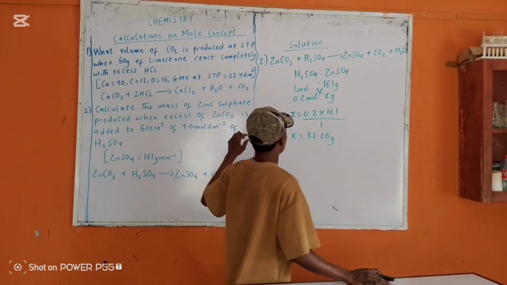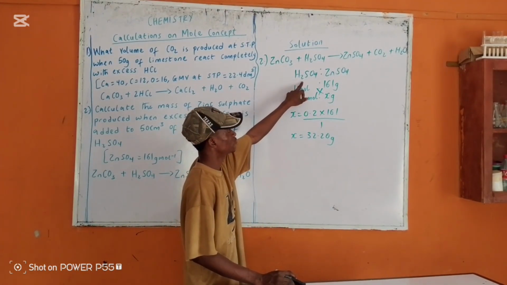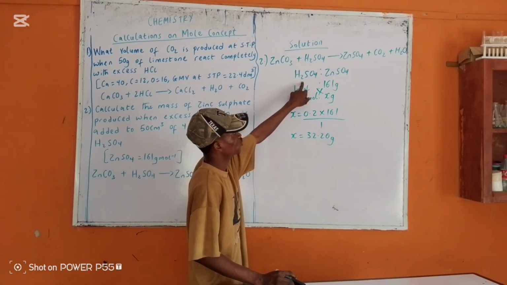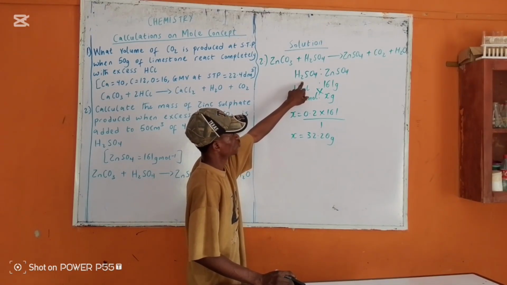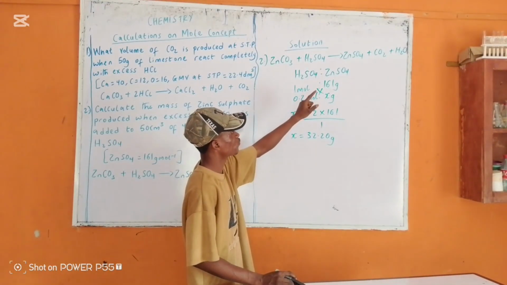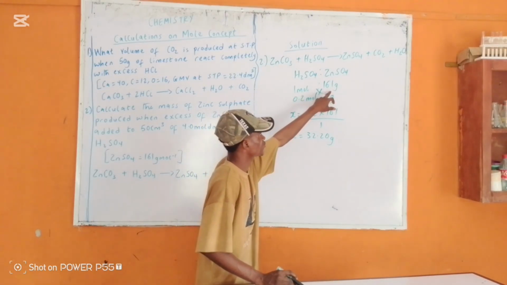When we make use of 0.2 mole of H2SO4, how many gram of zinc sulfate is produced? We have 32.20 gram of zinc sulfate produced. We use 1 mole, we get 161.